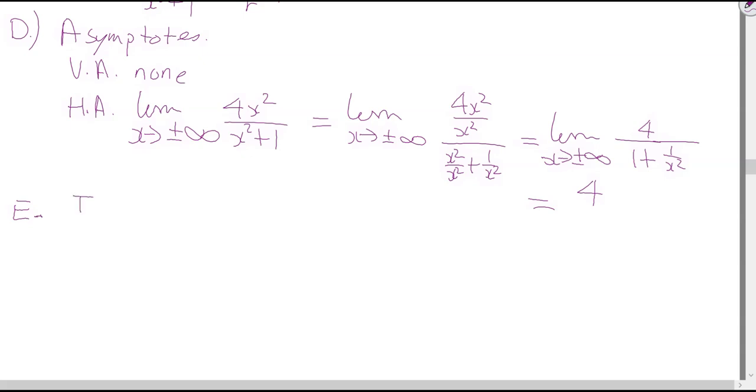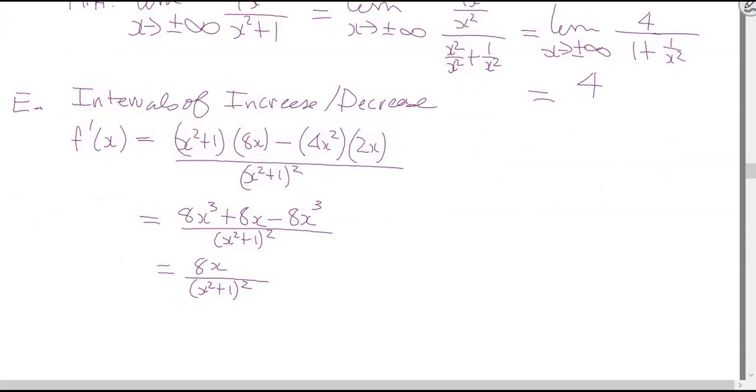Intervals of increase, decrease. Ooh, practice time. We're good. I see one head nod.